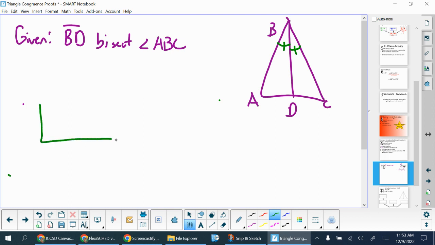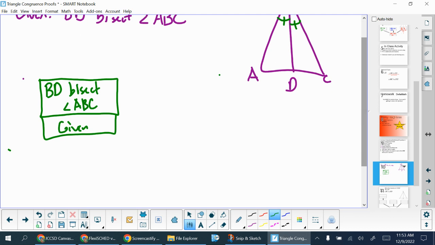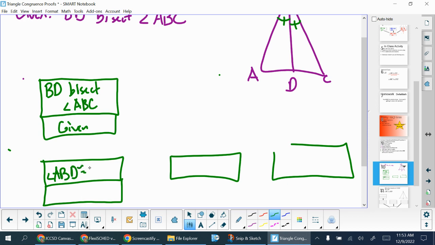So when I write this down in a proof, my first claim is going to be that BD bisects angle ABC, and that is a given. But that isn't one of my three directly known things. So that one is going to have to lead to the statement that angle ABD is congruent to angle CBD.